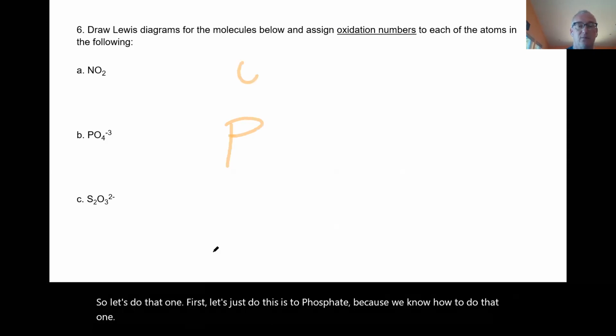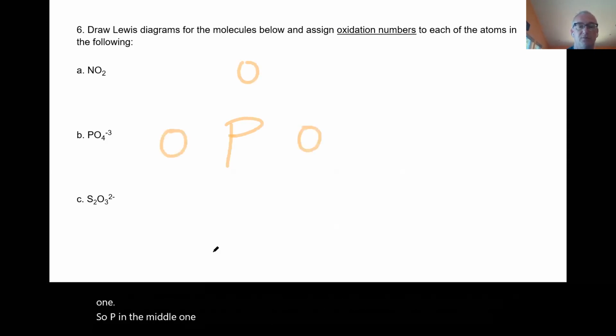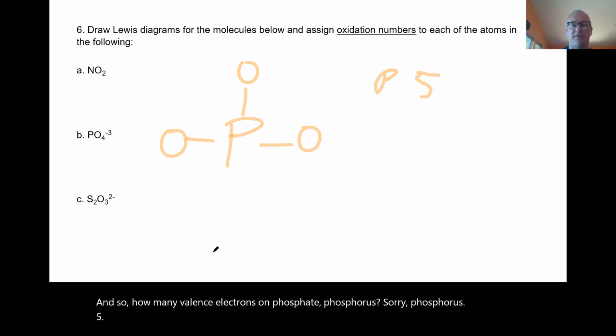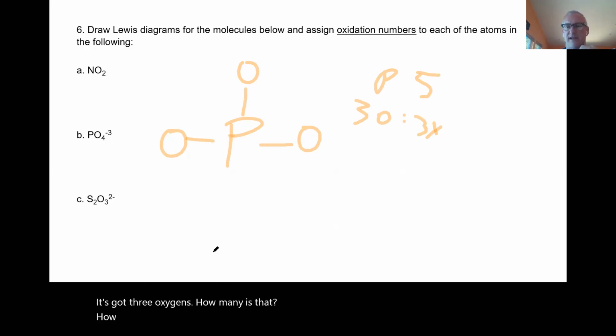So P in the middle, 3 oxygens. How many valence electrons does phosphorus have? 5. And how many valence electrons does oxygen have? 6. That's a total of 18, 23. Am I missing anything?